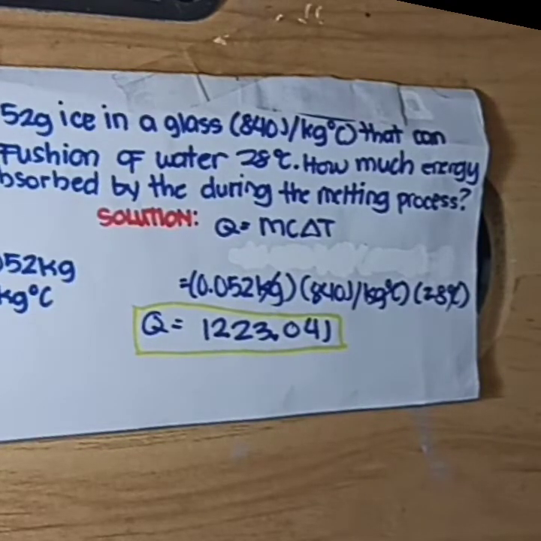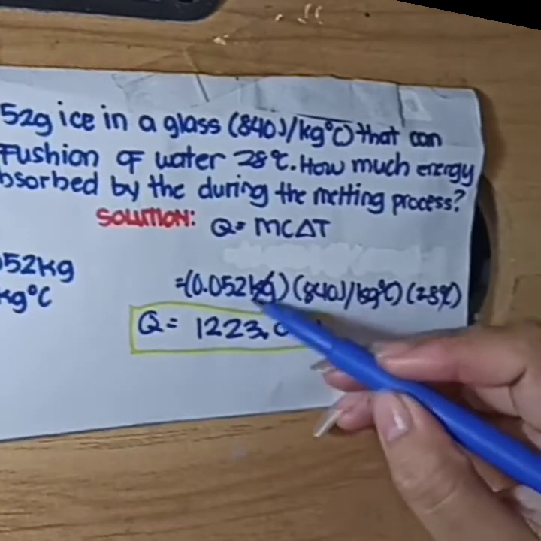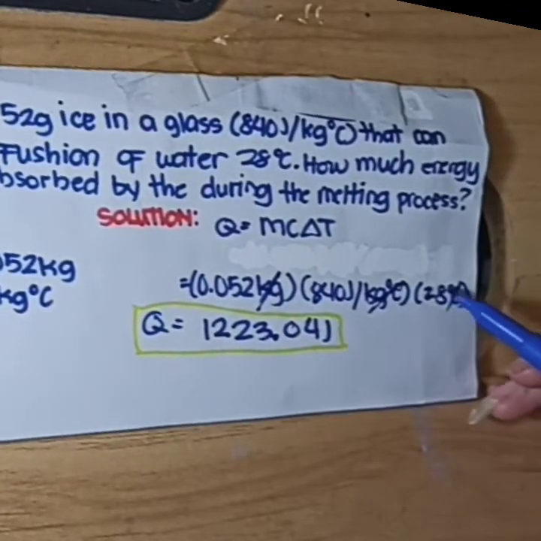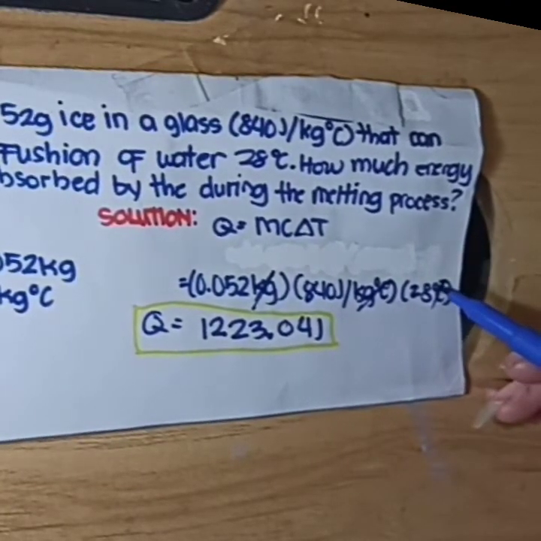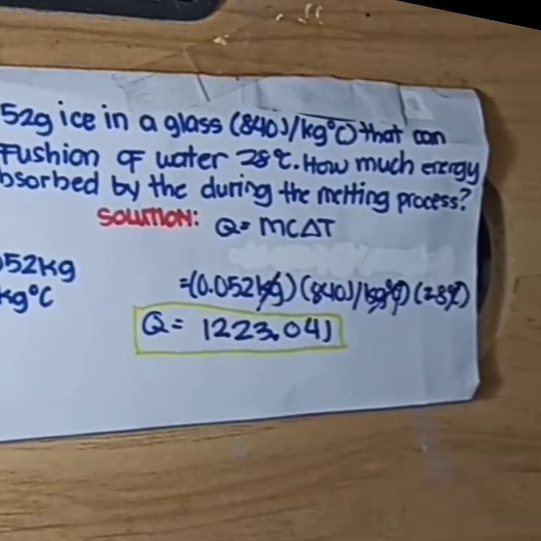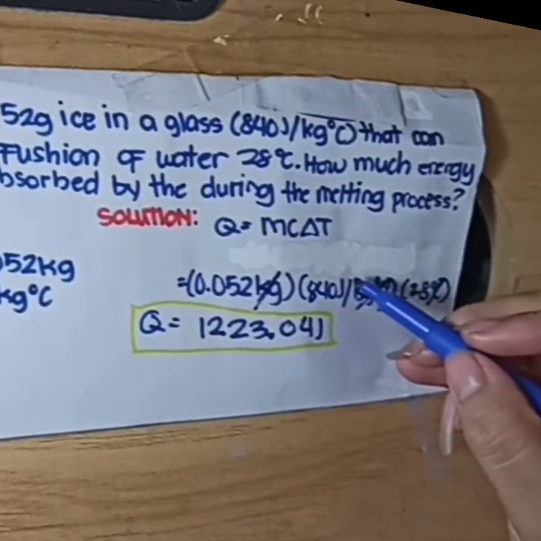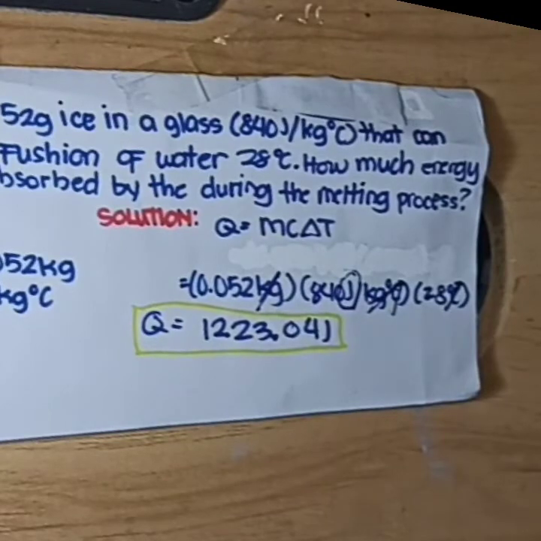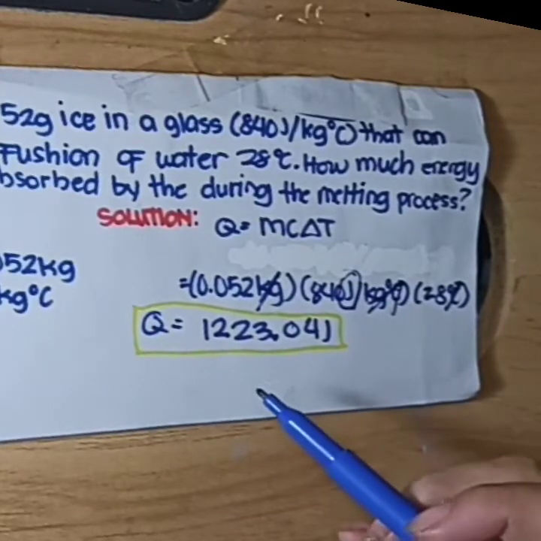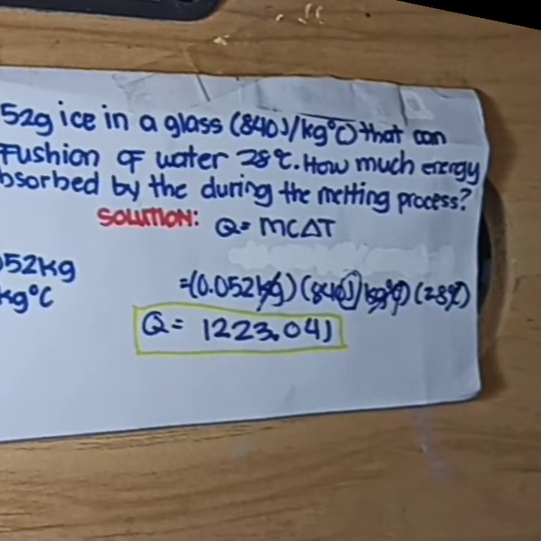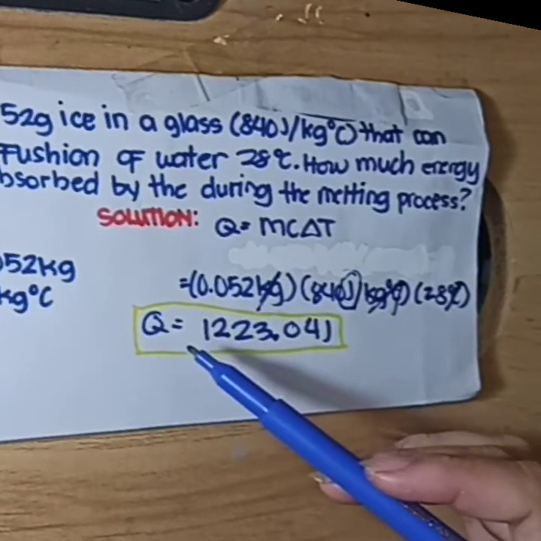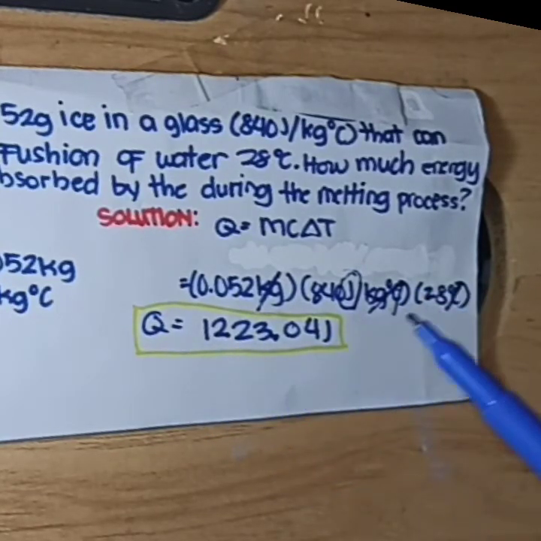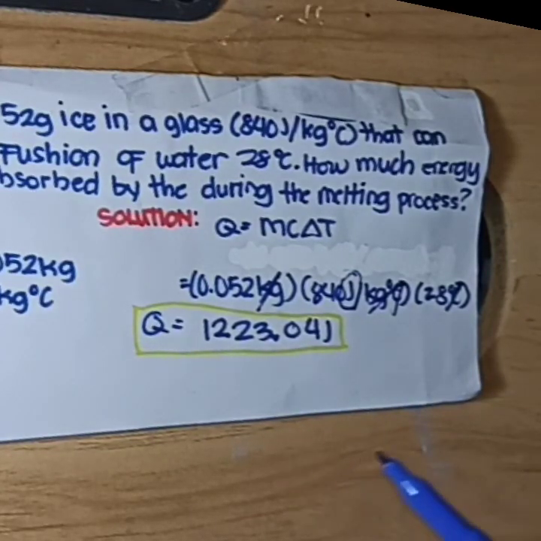So first we're going to cancel out the kilograms and then the Celsius. So the remaining is only the joule. So as we multiply it, we have here the answer: the heat is 1223.04 joules.